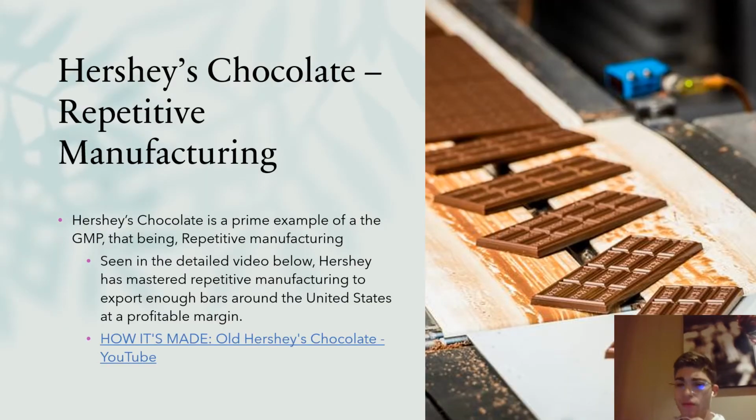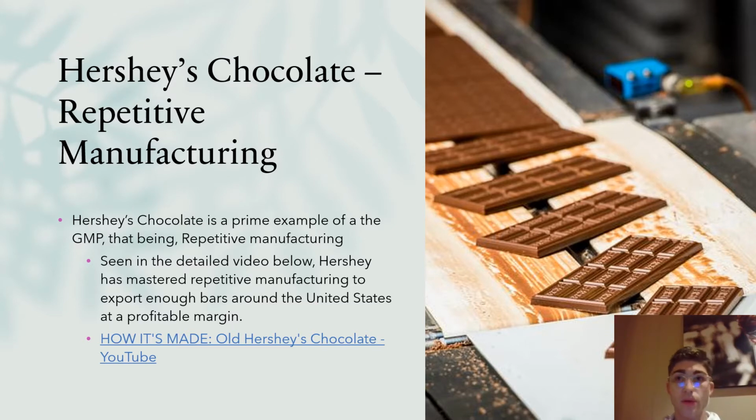So as I was hinting at before, Hershey's chocolate is an amazing example of repetitive manufacturing. Hershey's really resembles GMP in repetitive manufacturing, for more than just producing a high volume of product.